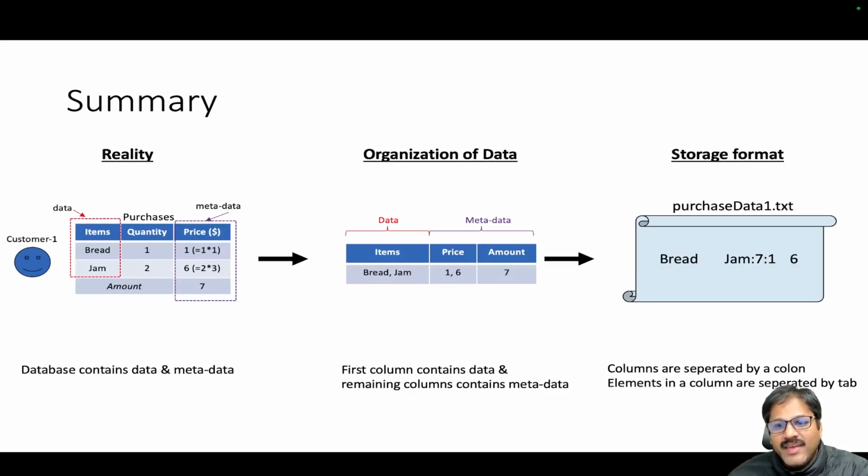When we are saving the data as a file, the columns are split using a colon, and within a column the elements are separated by default using the tab space. So it is a very simple format of storing the data. The algorithms automatically understand this format and then discover the knowledge.